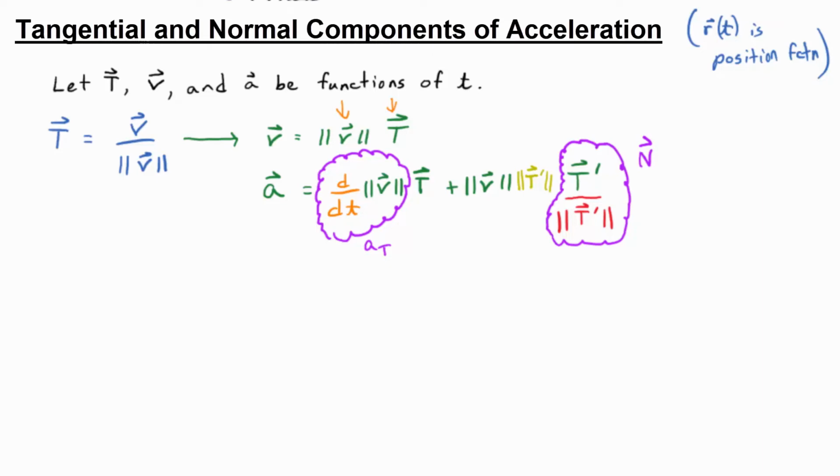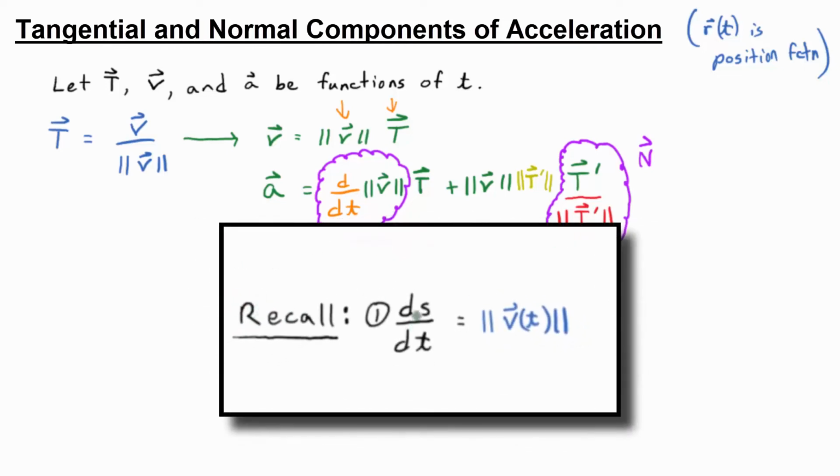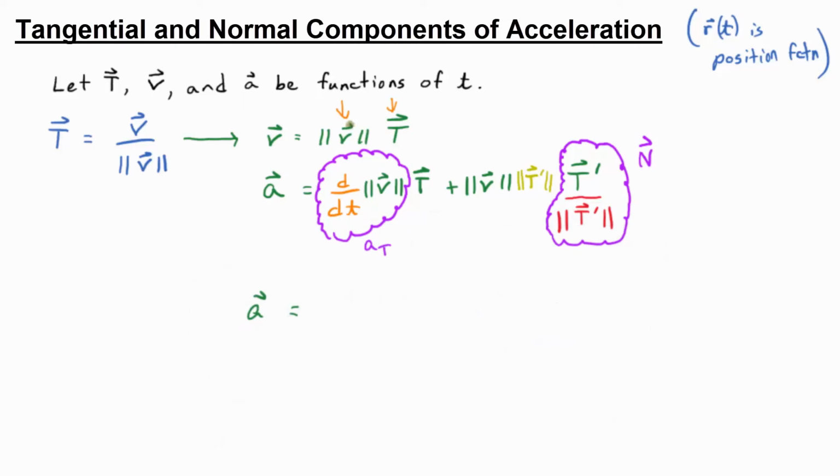So first of all, this d/dt of the magnitude of v, well, what's another way to think of the magnitude of v? ds/dt, right? So this guy here is ds/dt. We're taking d/dt of ds/dt. That's a second derivative, okay?